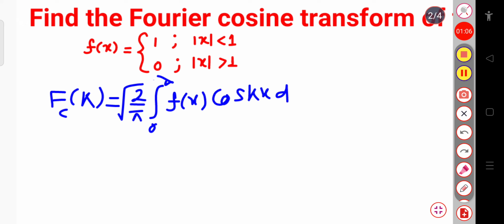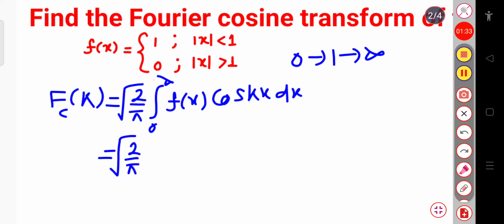This is the Fourier cosine representation. Now you can see that in this question f of x varies depending on whether modulus of x is less than 1 or greater than 1. So I can split this integration from 0 to infinity as 0 to 1 and then 1 to infinity.